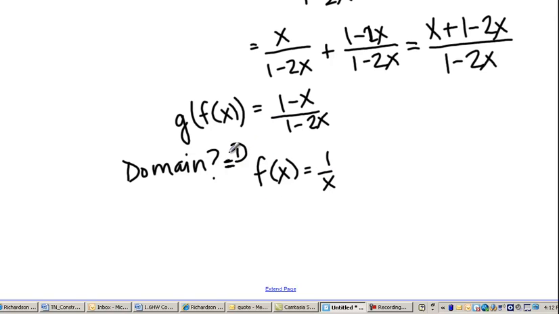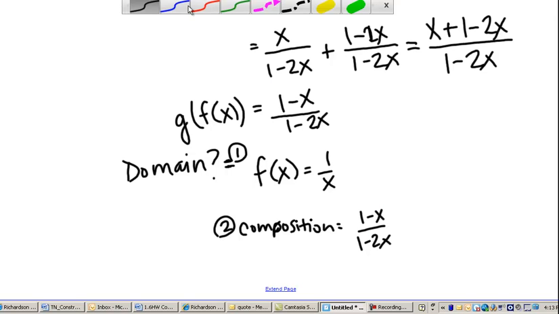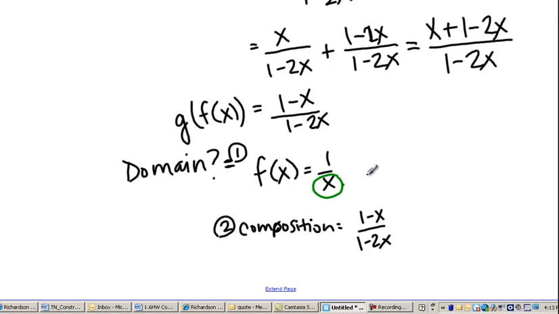That was our first step, and our second step is the composition, which is 1 minus x over 1 minus 2x. We all know, because we talked about this yesterday, you can't have a 0 on the bottom. So for the first situation, x cannot equal 0.